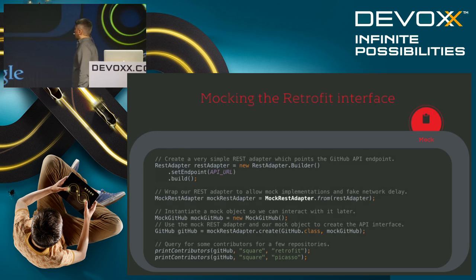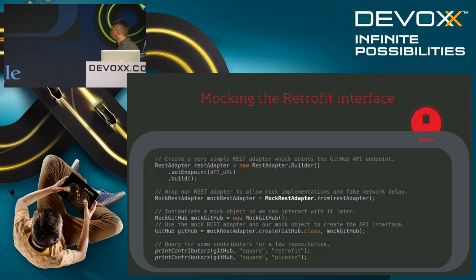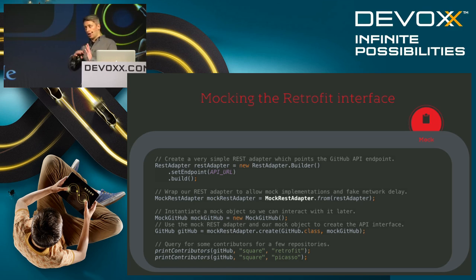And at this point, you see, I've highlighted it in bold, you can make a mock REST adapter based on your real Retrofit REST adapter, and you can use that to instantiate your mock objects and get your mocked data. So that's really, I think, one of the good approaches that you need to be aware of. If you want to test your networking, a part of your tests could also mock away the whole Retrofit interface.